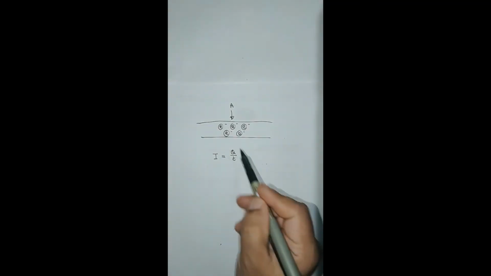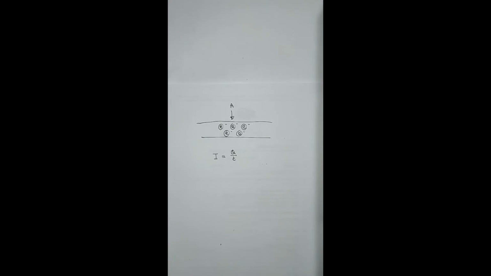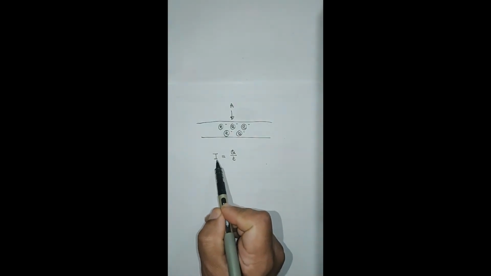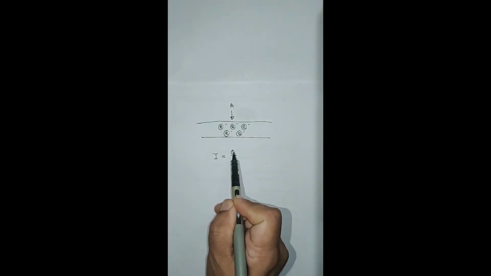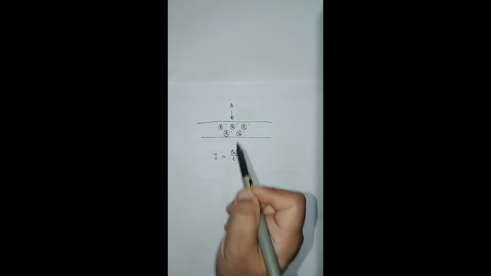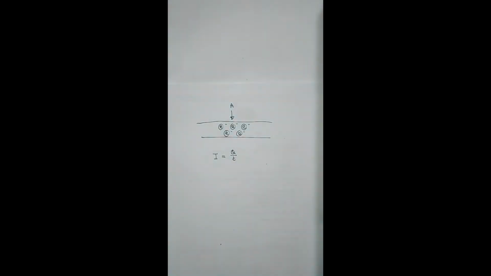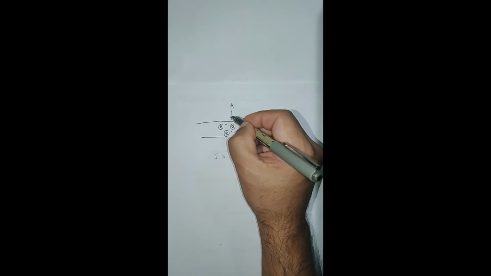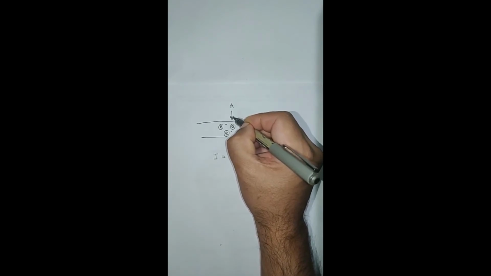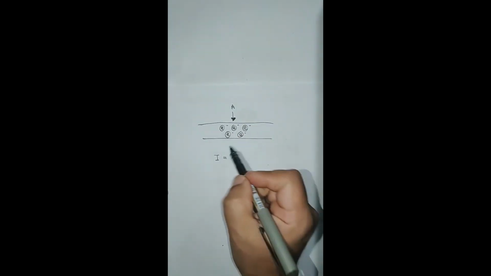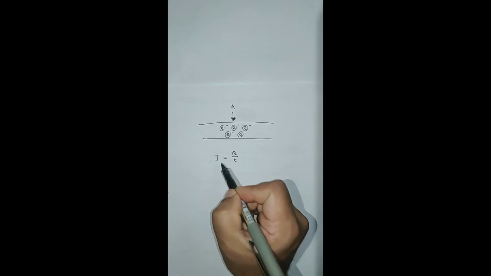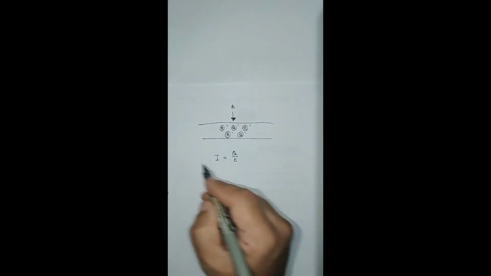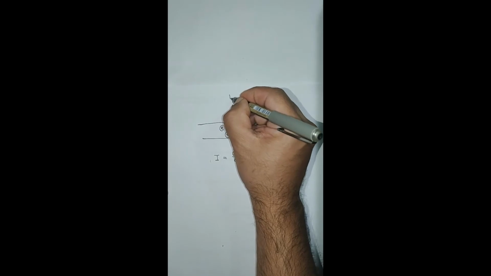I'm just going to clarify another point. What does this equation actually mean? I've rearranged it and written it as current equals charge divided by time. Each of these electrons has a charge, and if I say this is a point A on the wire, current is the flow of charge. So what we do is we fix the time, so let's say 1 second.